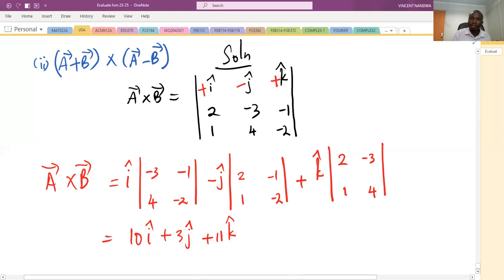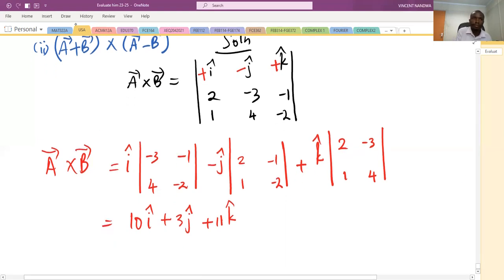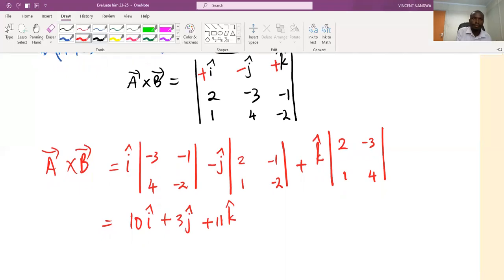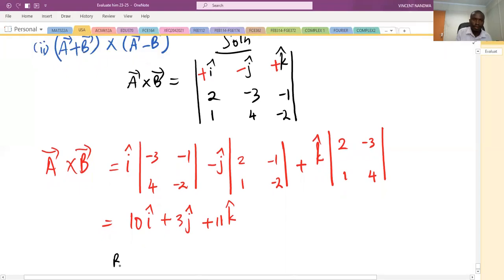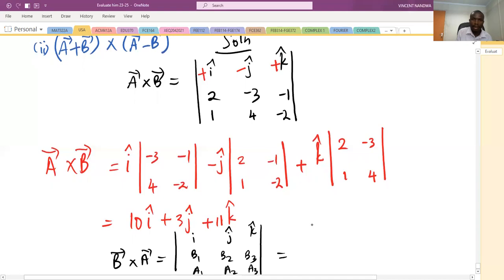And then for B cross A, B cross A is given by i, j, k, then B1, B2, B3, A1, A2, A3.